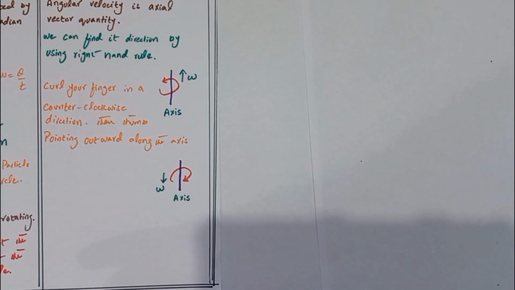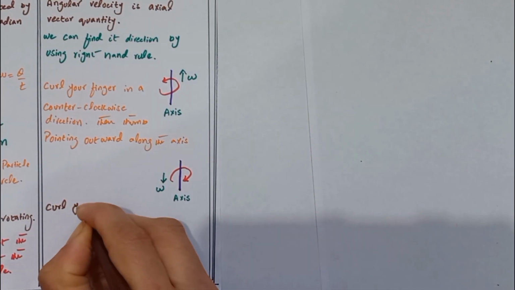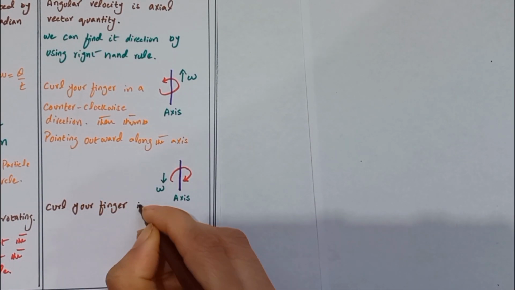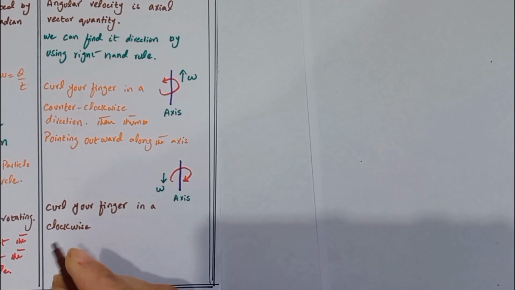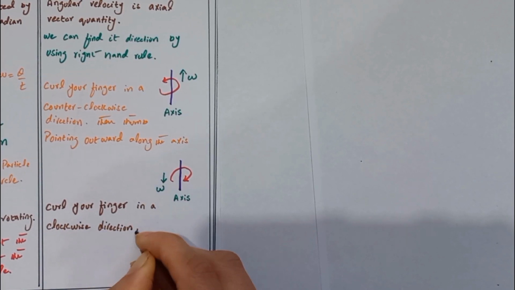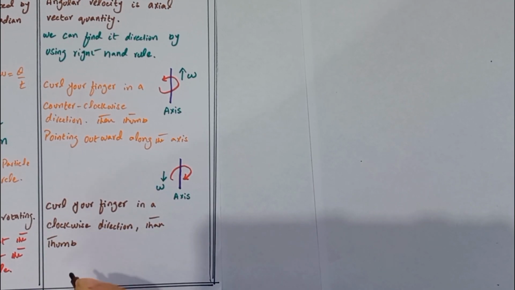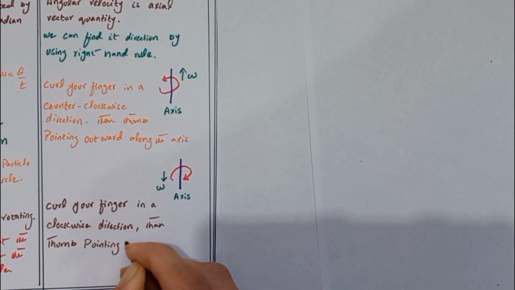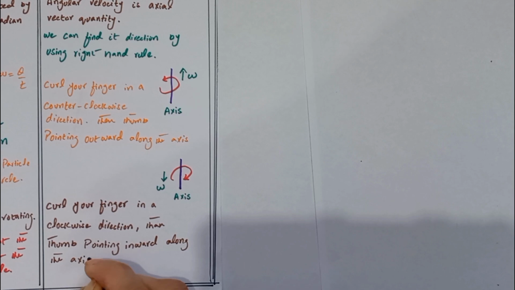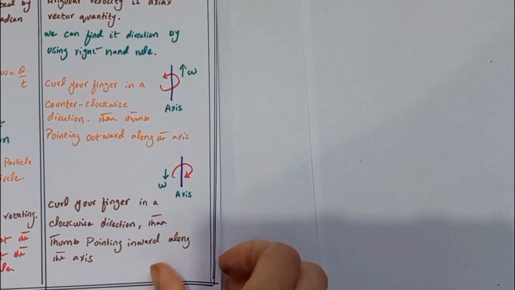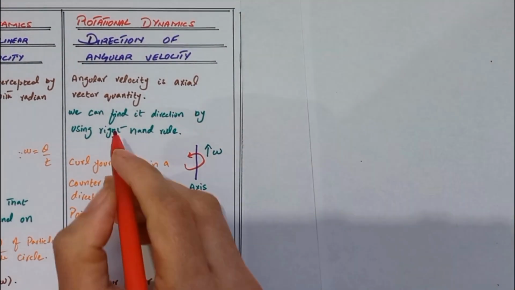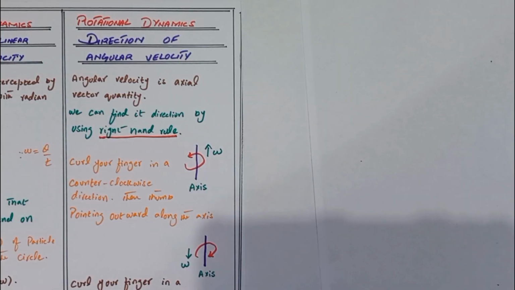So here we write: curl your fingers in a clockwise direction, then thumb points inward along the axis. That is the direction of the angular velocity. We can find it by using the right hand rule.